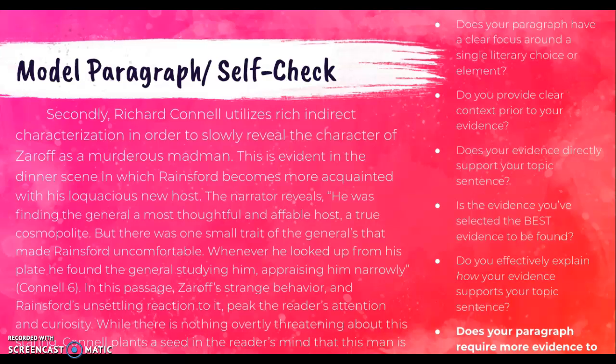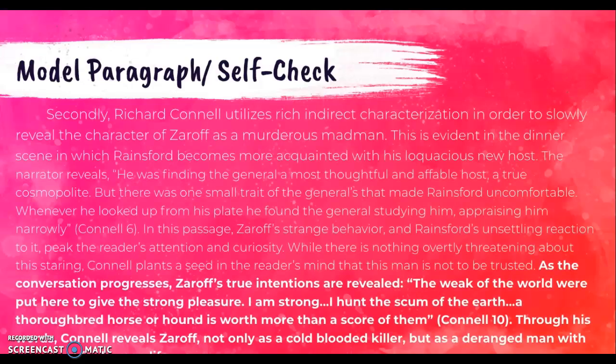Now, last but not least, we always want to ask ourselves, does your paragraph require more evidence to prove your point? Well, in this particular case, because we're talking about the development of a whole character, I would definitely say this paragraph needs a little bit more. This is a paragraph that would really benefit from doubling that recipe.